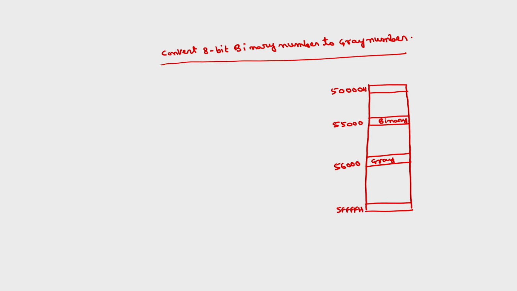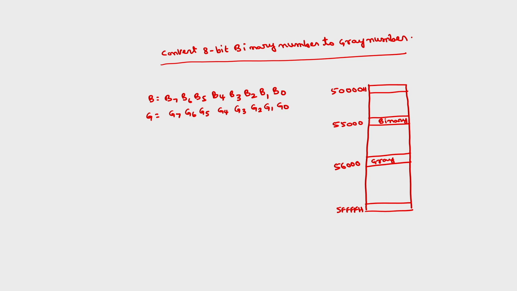Okay. Now, how to convert the binary number into a gray number? What is the general procedure? If the binary number is B7, B6, B5, B4, B3, B2, B1, B0, the gray number is G7, G6, G5, G4, G3, G2, G1, G0.